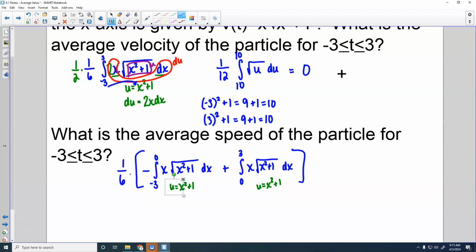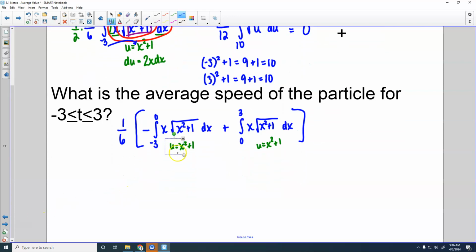You want to do this, our area under the curve, and take that whole thing and divide it by 6. We don't want to do those separately by 3 and 3. Sometimes they'll give you a different answer. So du, green here, du will be 2x dx. Just like the last one, we had 2 here and a 1/2 out front. 2 here, 1/2 out front.